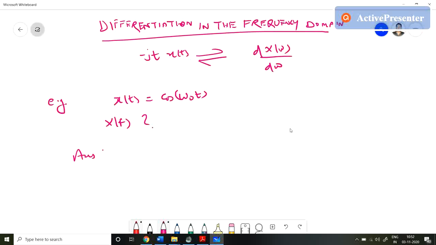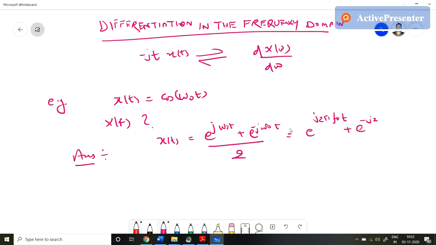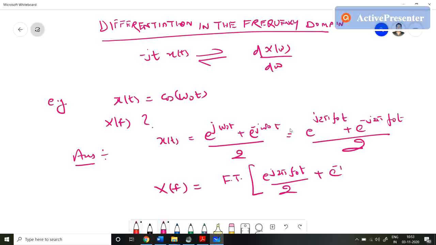So x(t) is written as e raised to the power j omega naught t plus e raised to the power minus j omega naught t, divided by 2, and it is better to write it in f: e raised to the power j 2 pi f naught t plus e raised to the power minus j 2 pi f naught t, divided by 2.